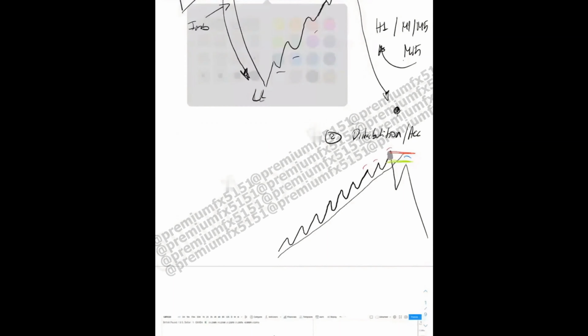Okay, number 3. This is gonna be the market again comes creating higher lows and higher highs to our point of interest.